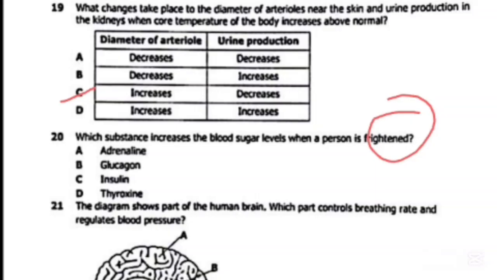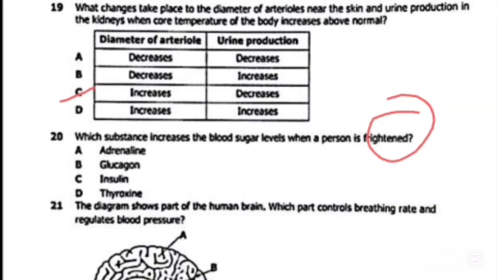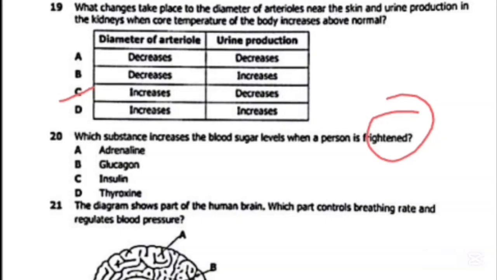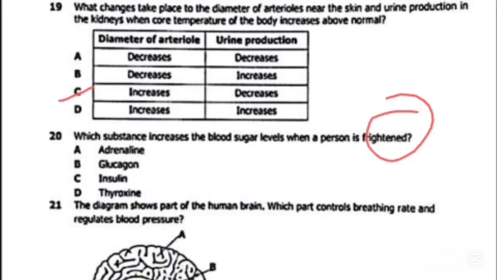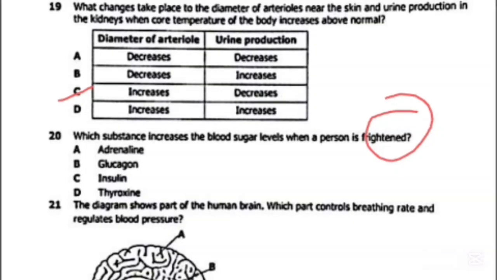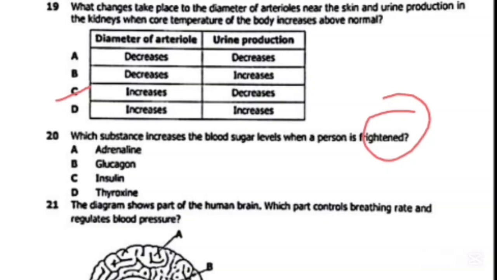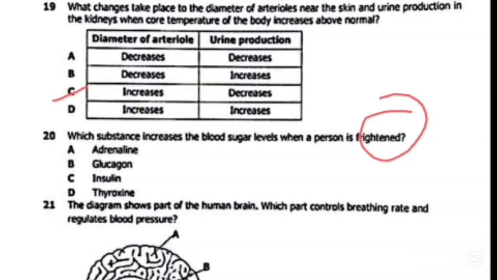Remember, I talked a lot on this topic. I said the hormone which is produced whenever you are frightened is known as adrenaline, the fight or flight hormone. It is released from the adrenal gland. This will cause an increase in blood sugar so that you have a lot of energy.